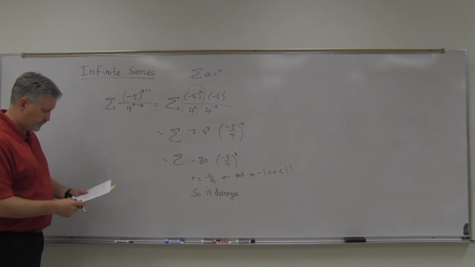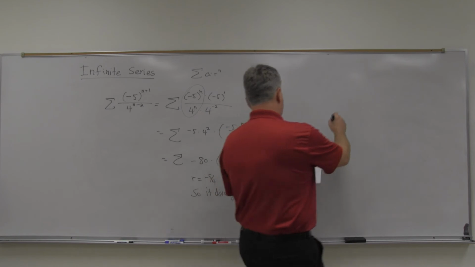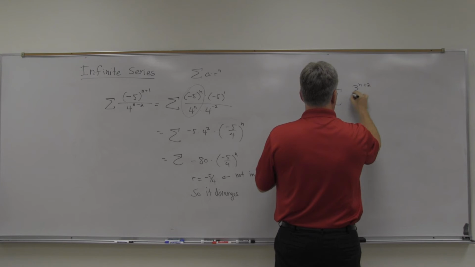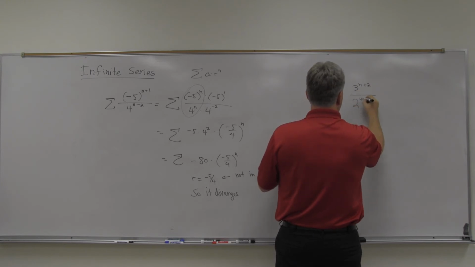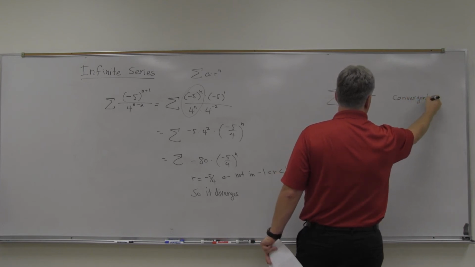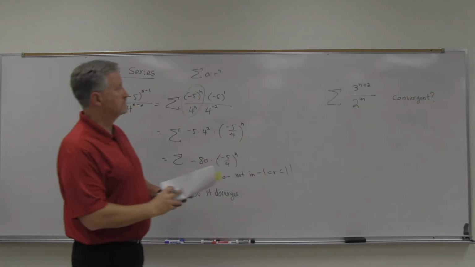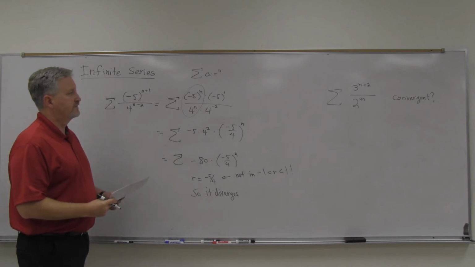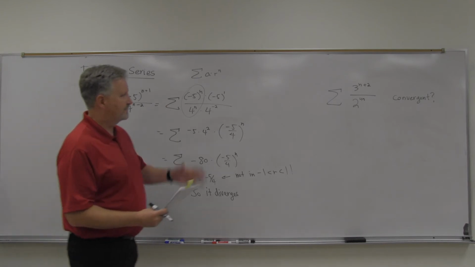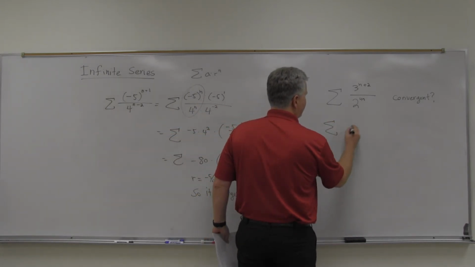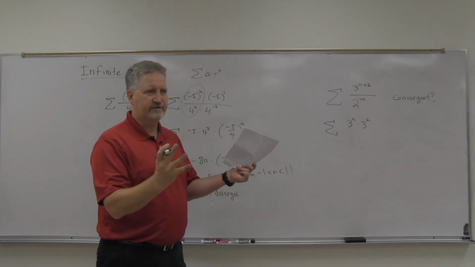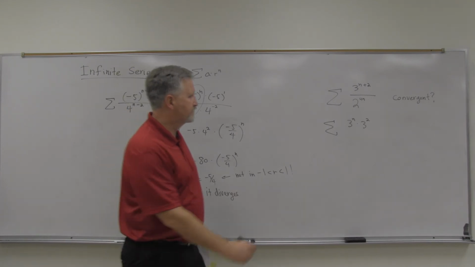All right, so what about this one? 3 to the n plus 2 divided by 2 to the 4n. Is that convergent? Well, let's do the same thing on the top, 3 to the n times 3 to the second. I'll break that up into the two little components there.